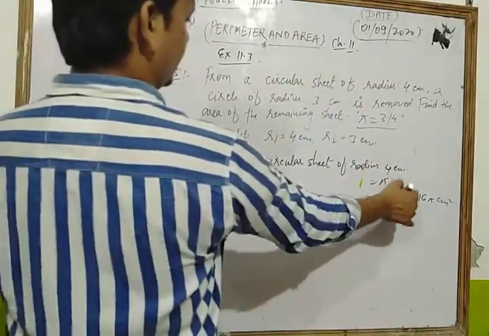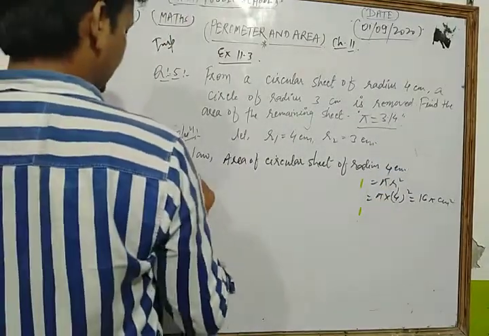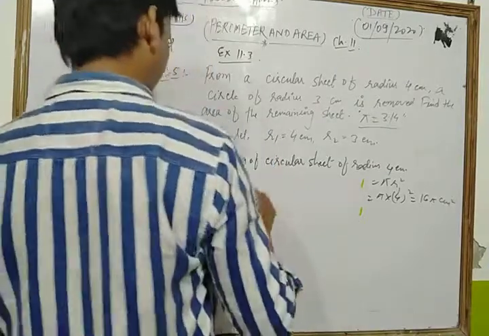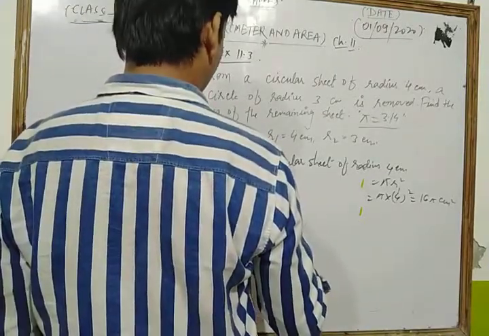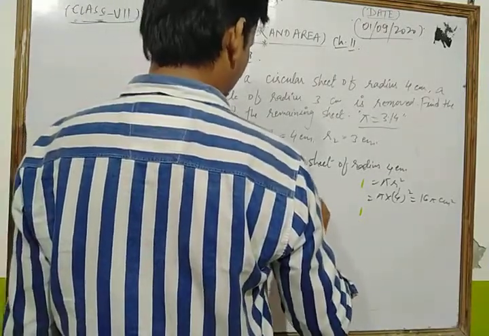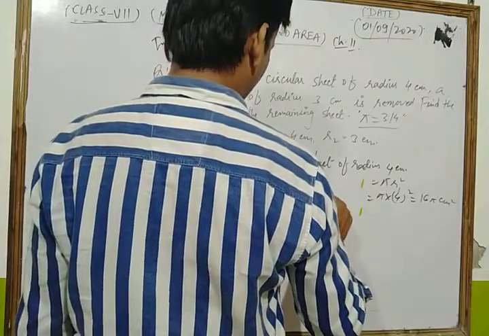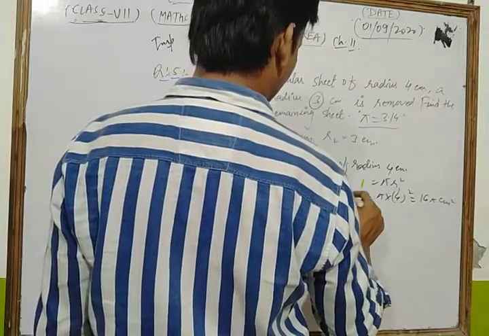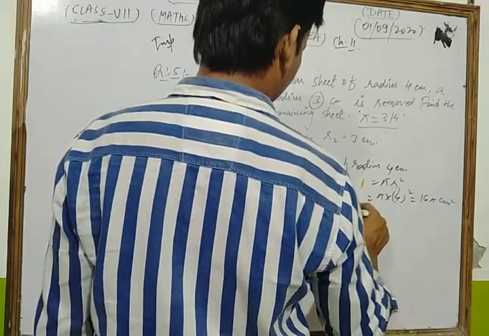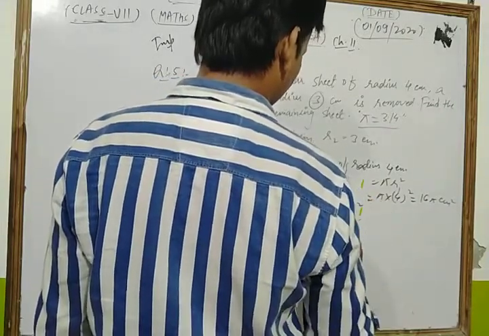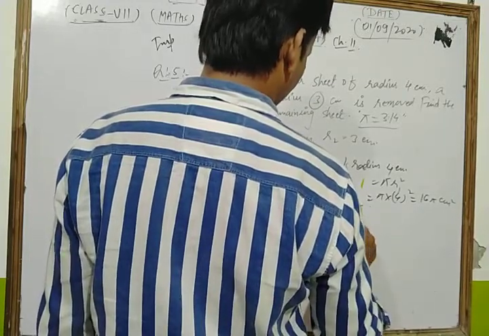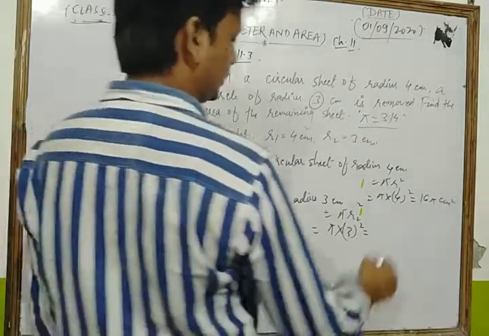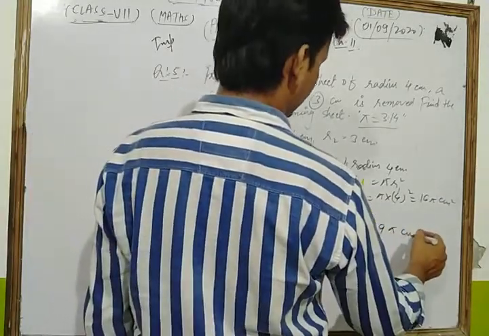This is R1. Now the area of the sheet of radius 3 centimeter is pi R2 square, that is pi into 3 square, so we get 9 pi centimeter square.